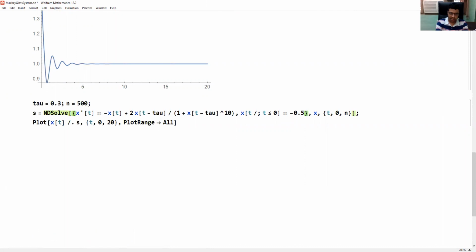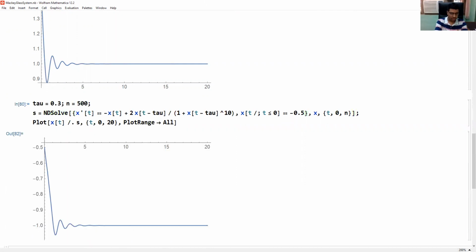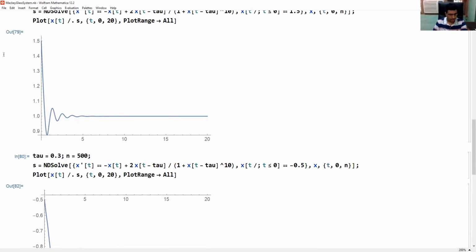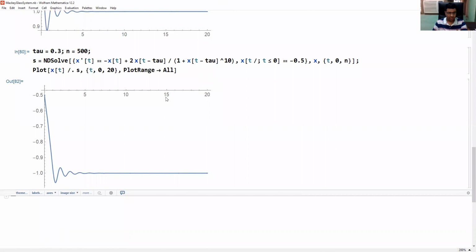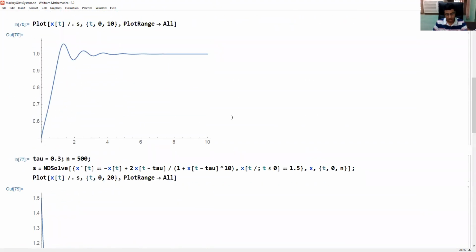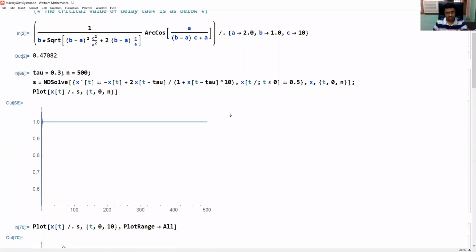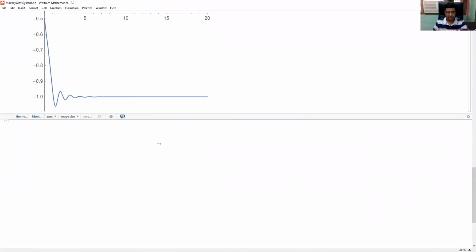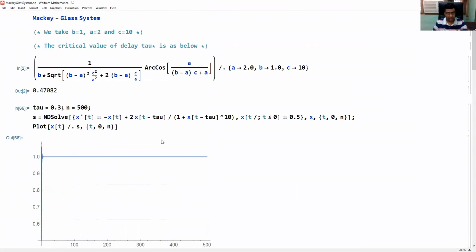We have seen that 0 is an unstable equilibrium, so it will repel the solutions. There is one more equilibrium, that is minus 1. Here the equilibrium is (b minus a upon b) raised to 1 upon c, that is minus 1 raised to 1 upon 10.